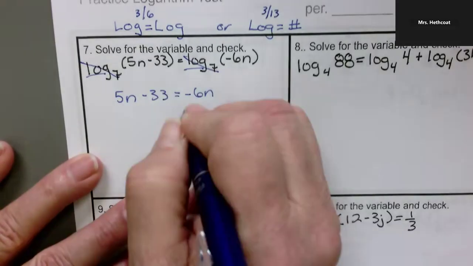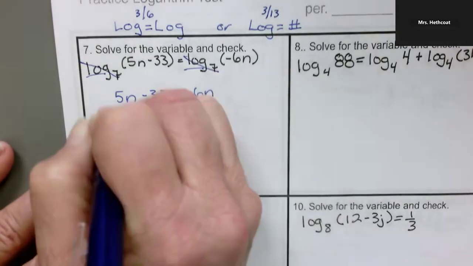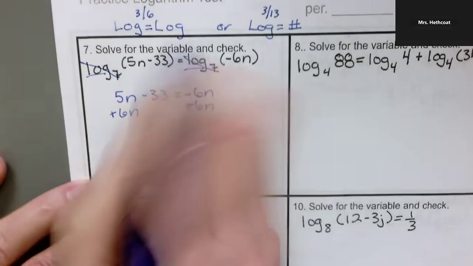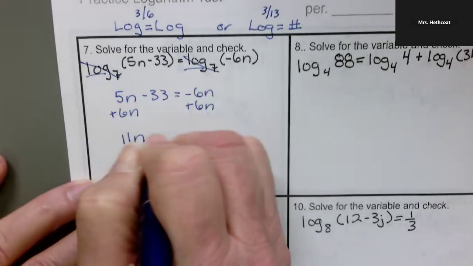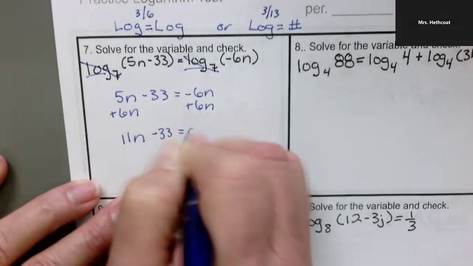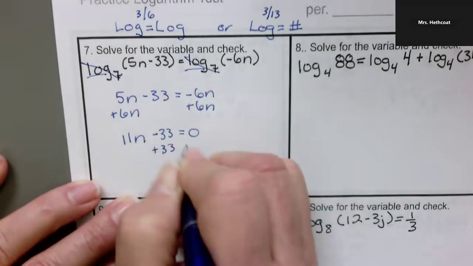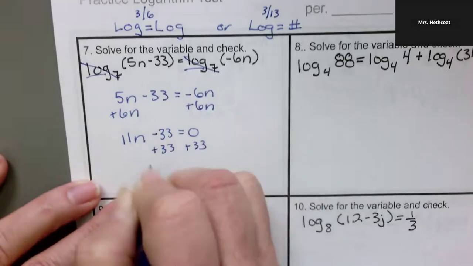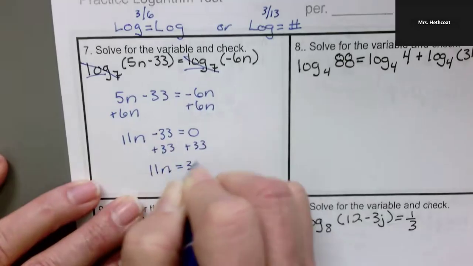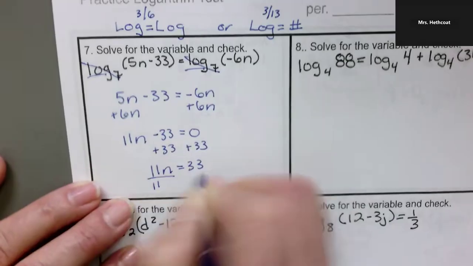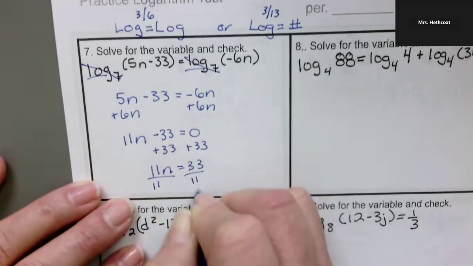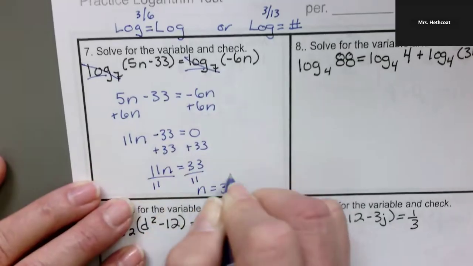I'm going to go plus 6n to both sides so that I don't have to deal with a negative n, giving me 11n minus 33 equals 0. Plus 33 to both sides, so I get 11n equals 33. Divide by 11, divide by 11, we get n equals 3. Yay!